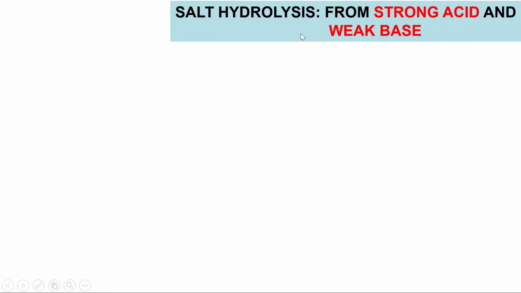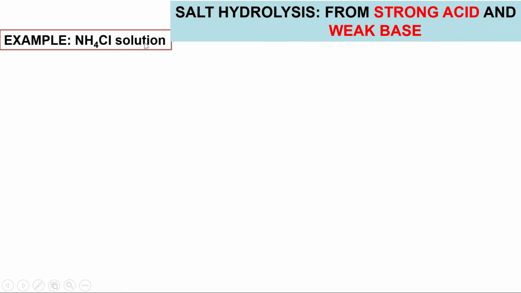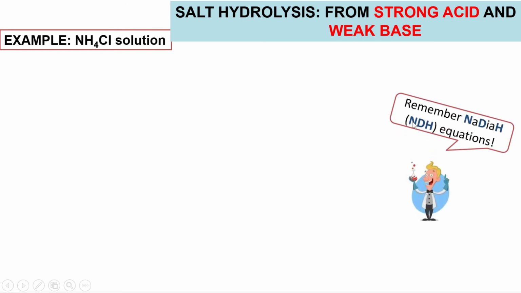For example now, this is the salt formed from the neutralization between a strong acid and a weak base. We have NH4Cl solution. First, remember NDH. You must write down the neutralization equation first. In order to write it, please break up this salt into its cation and anion.